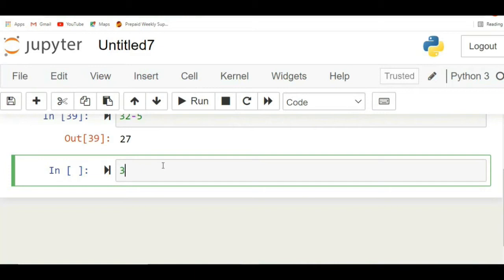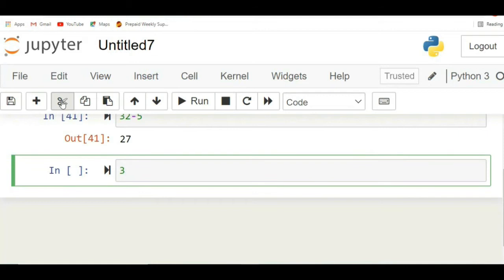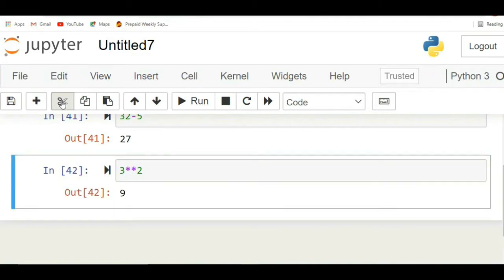Now, how to multiply in Jupyter notebook by using Python? 3 asterisk 2. Of course, this is equal to 6. And if we write 3 double asterisk 2, then this means 3 power 2, which should be 9.